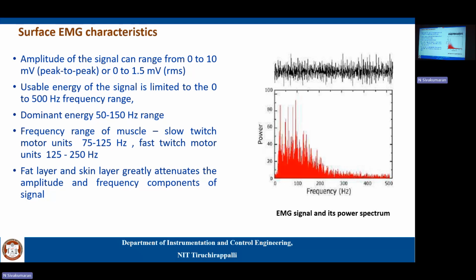Random in the sense, let me put it this way: if you record your speech using a microphone, the speech signal also appears like your EMG. If I give you the signal and ask you to find out what it is, you cannot distinguish.